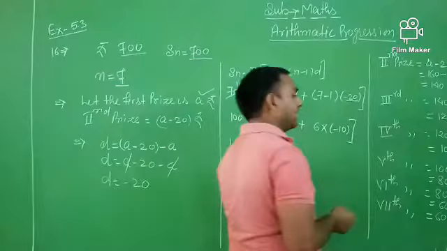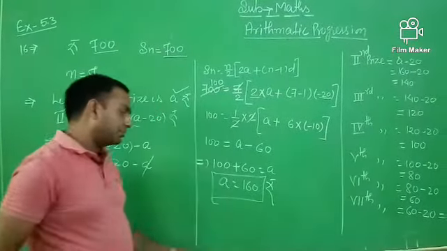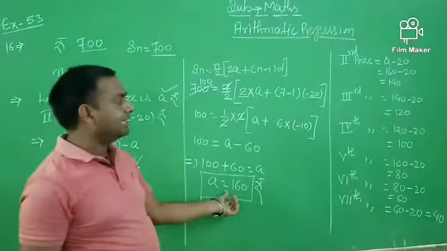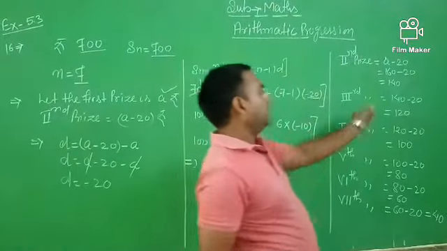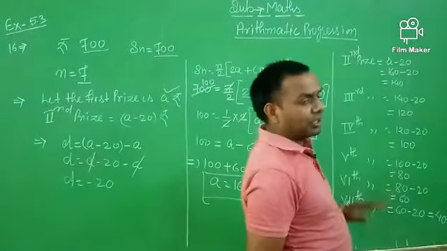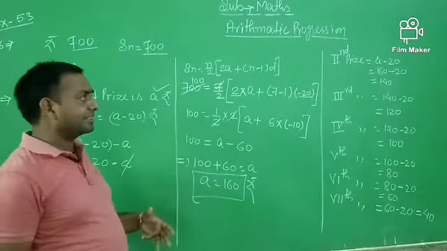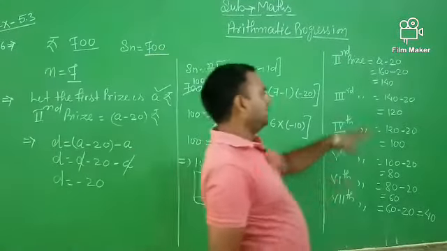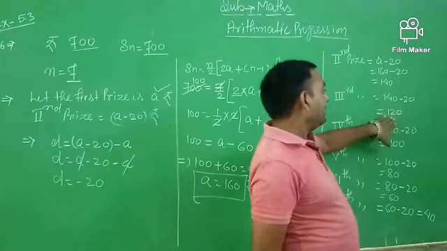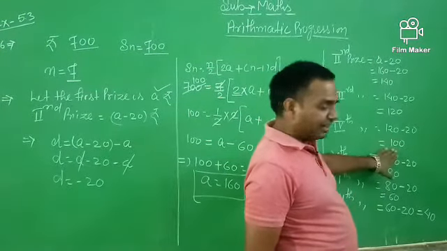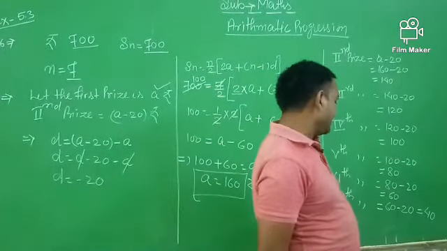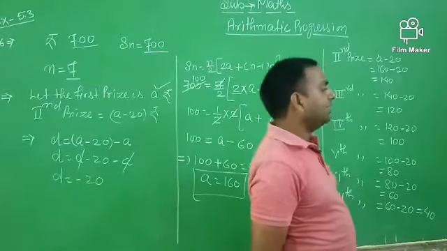So here you can see the first prize is 160 rupees, second prize 140 rupees, because each prize is 20 rupees less than the preceding prize. So we subtract 20 each time: next prize is 120, next 100, next 80, then 60 and then 40.